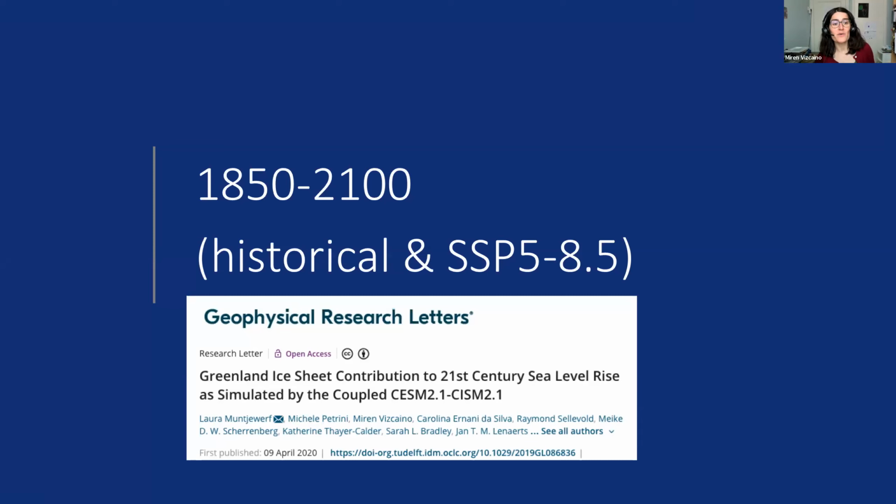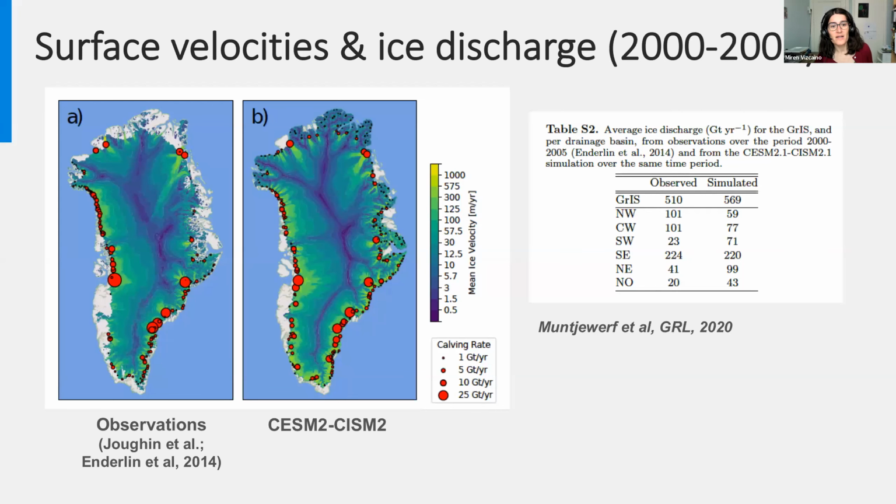Okay, so results. We apply this coupled model to the period 1850 to 2100. So we have a historical scenario first, and then we change to SSP5-8.5. And here is an evaluation of the ice discharge as it is simulated for the period 2000 to 2005. These are observations, and this is what we get. These are surface velocities, and this is per basin the observations and what we are simulating.